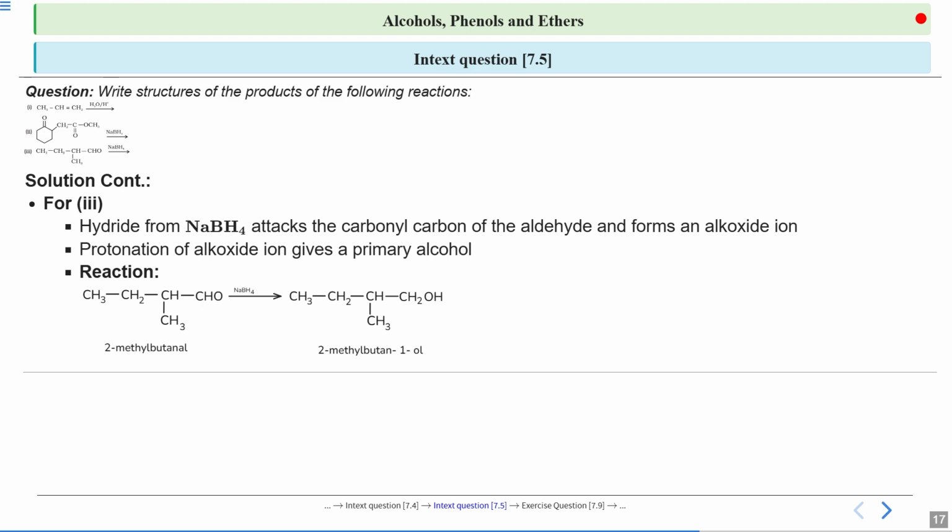Then protonation of the alkoxide ion happens and you get your major product as a primary alcohol, which is 2-methylbutan-1-ol. So CHO will convert to CH2OH, a primary alcohol. This is the major product you get after the reaction of sodium borohydride and the given aldehyde in the third reaction.